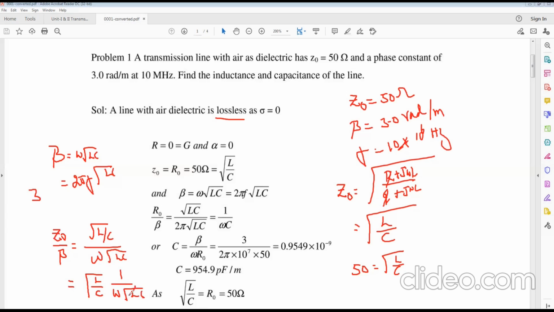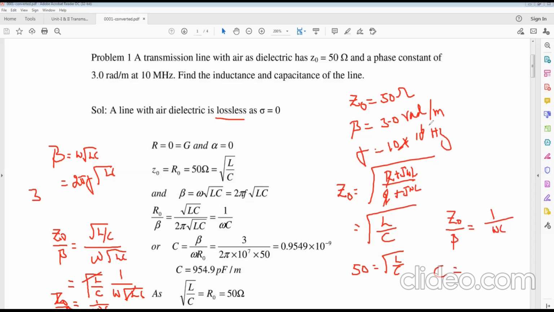In the denominator there is a root L, and root L gets cancelled, root C cancels with root C, leaving 1 by omega C. That is the ratio between Z naught and beta. Z naught by beta is equal to 1 by omega C.